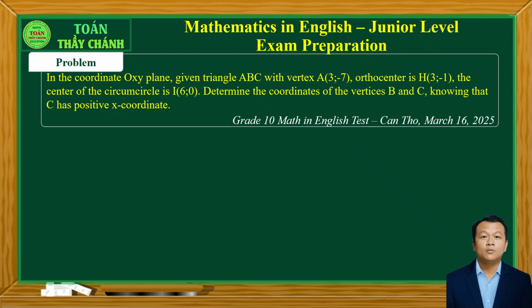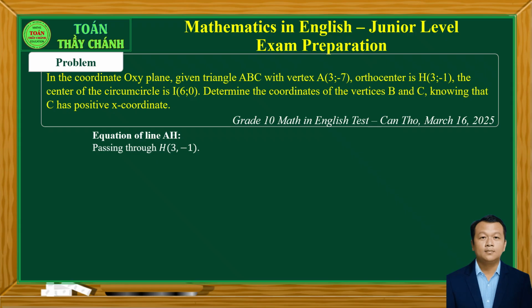The orthocenter is H (3; -1). The center of the circumcircle is I (6; 0). Determine the coordinates of the vertices B and C, knowing that C has positive x coordinates.